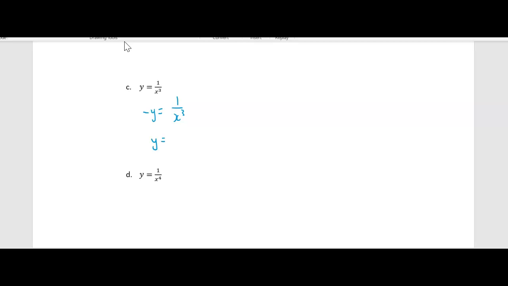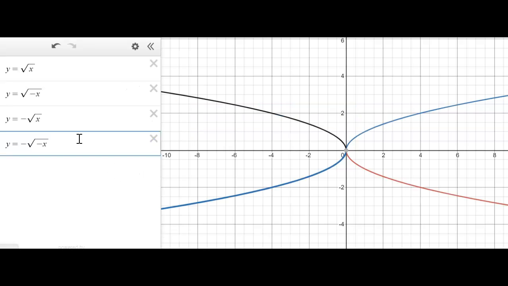So it becomes y equals negative 1 over x cubed. And if it was a reflection in the y-axis, we're going to have negative x cubed, which is the same as y equals negative 1 over x cubed. All right, and let's just quickly graph that.